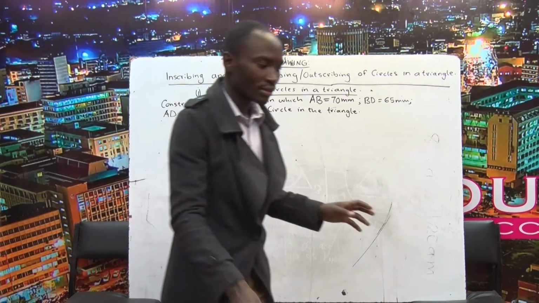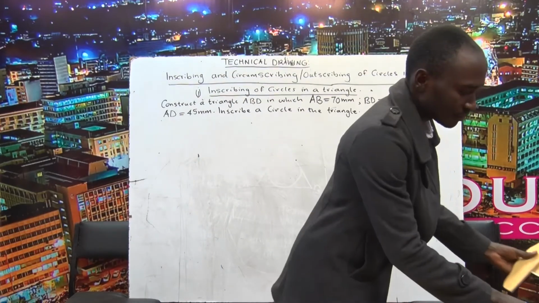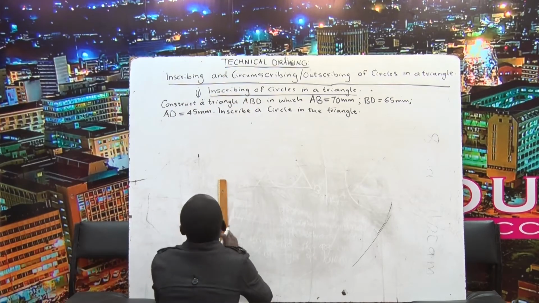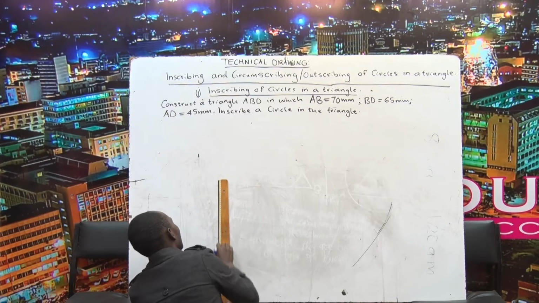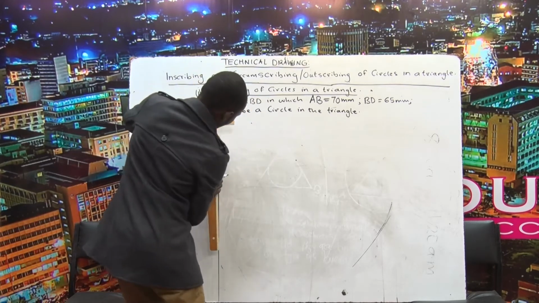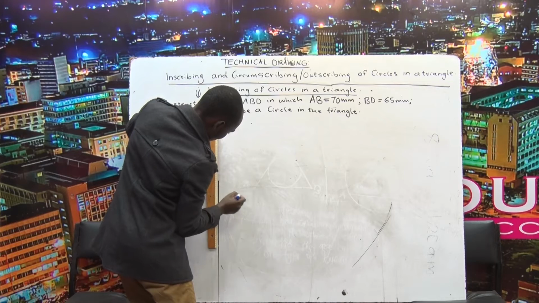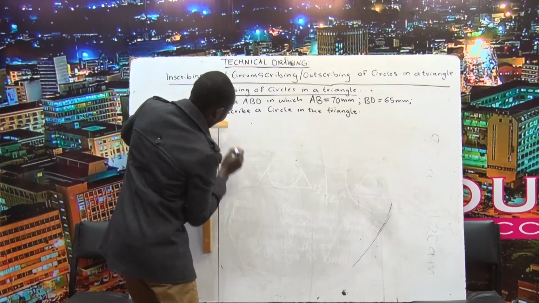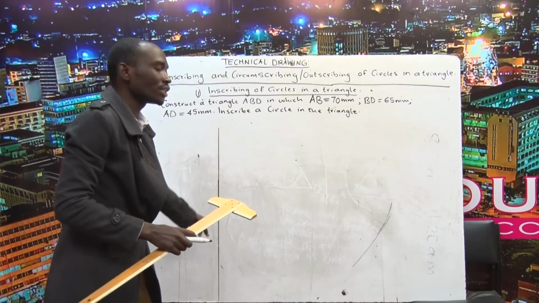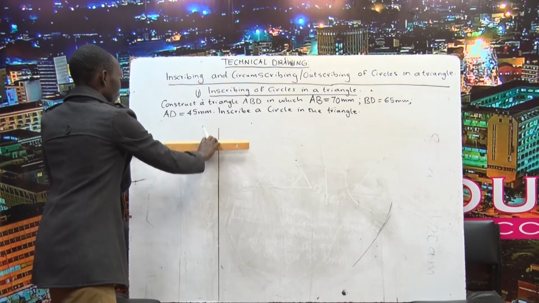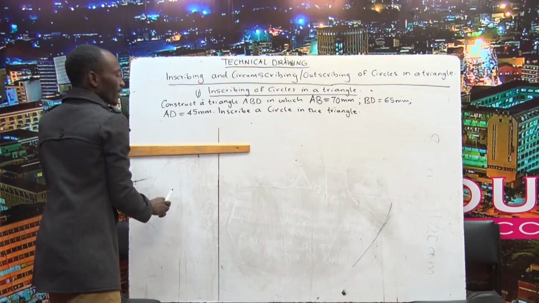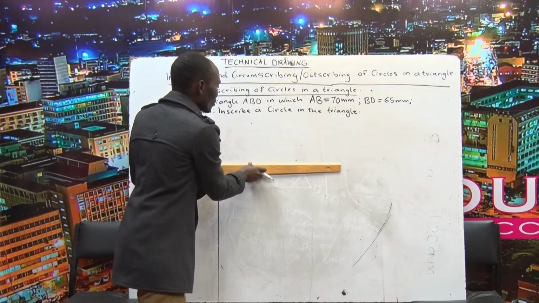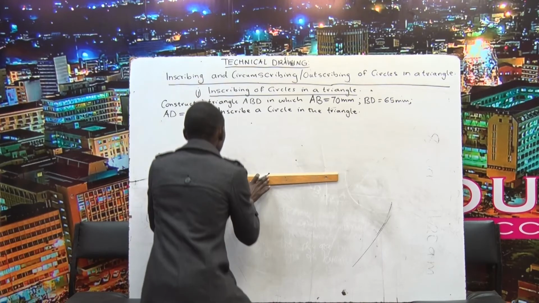So let's begin. Assuming that the edge of your table is this one, your T-square should be able to slide like this.